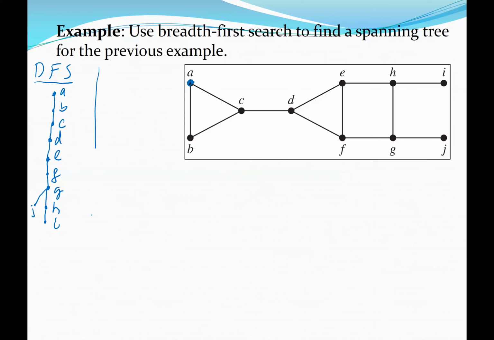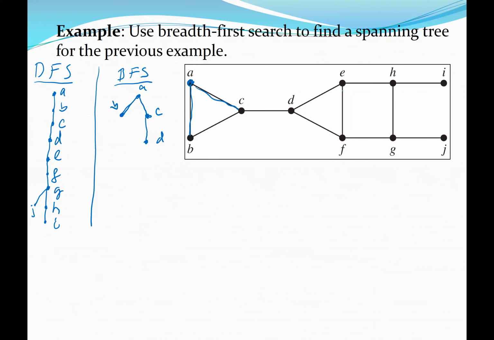Now we're going to compare that with breadth first search. Also the vertex A. But you can see here I have two neighbors, B and C. Those will be the neighbors of A. Make sure they're on the same level. So that's B and that's C. That's level 1. And then C has a neighbor which is D. There's no other neighbor of C. That's level 2.